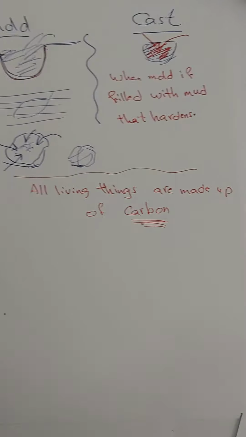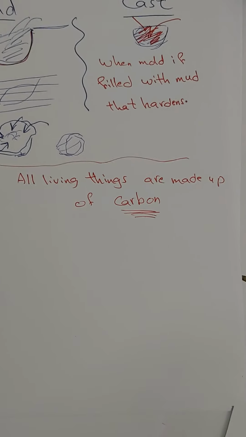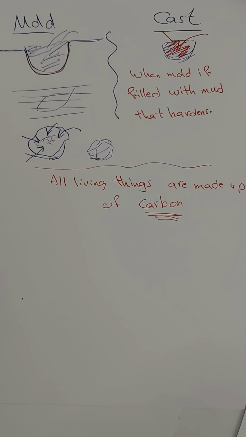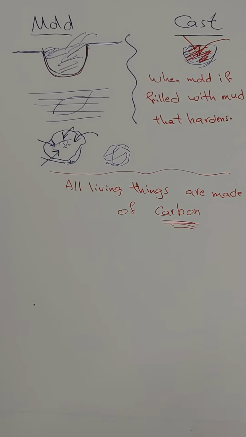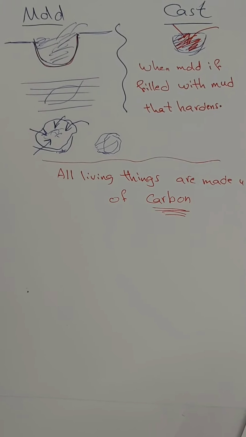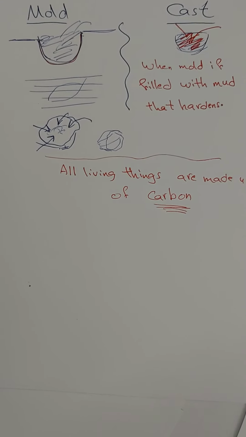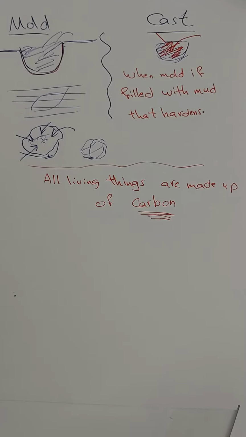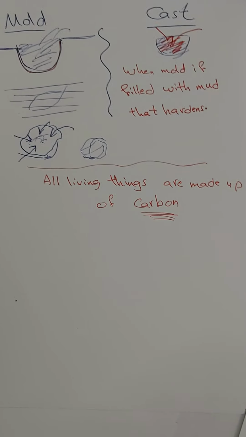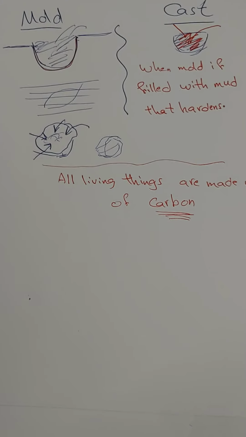So all living things are made up of carbon and other elements. Some animals or some plants, with plants more than animals, when some plant tissues get preserved as a carbon film inside rock.